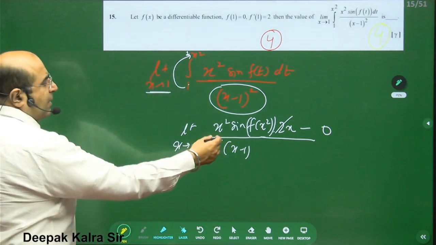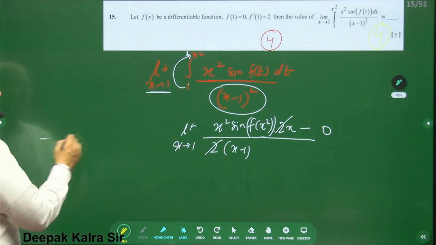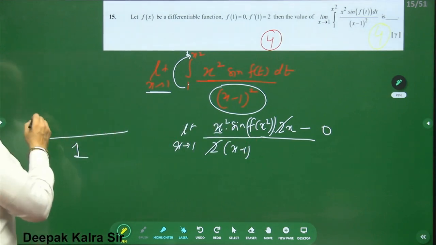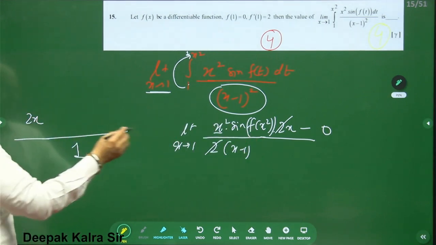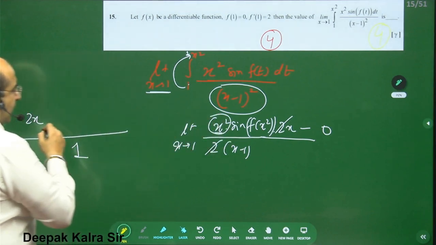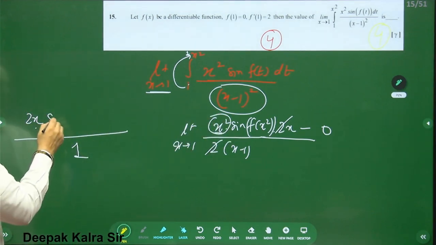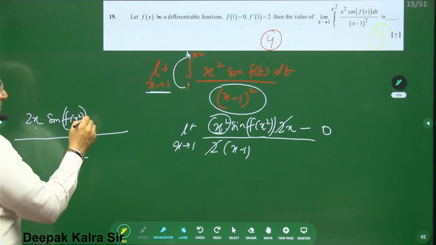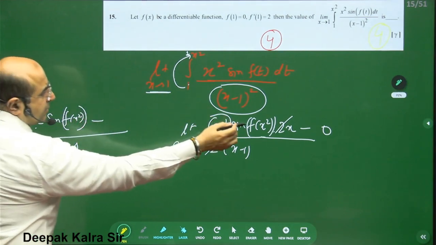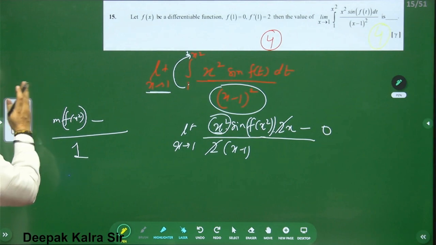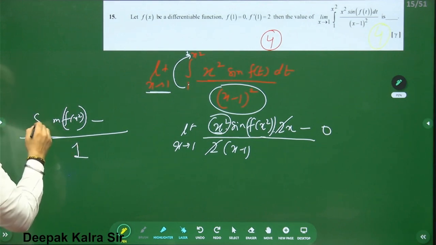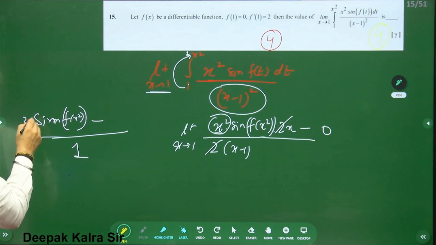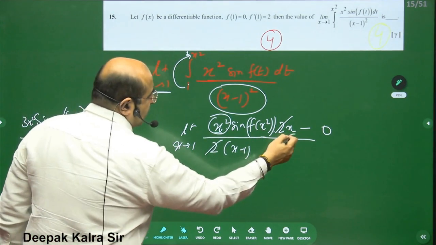So we'll apply L'Hopital's rule. The denominator becomes 1, the numerator becomes the product rule. The x square derivative is 2x, sine of f(x) square kept as it is, plus, this was x cube, so we'll go with 3x square, the derivative of x cube.